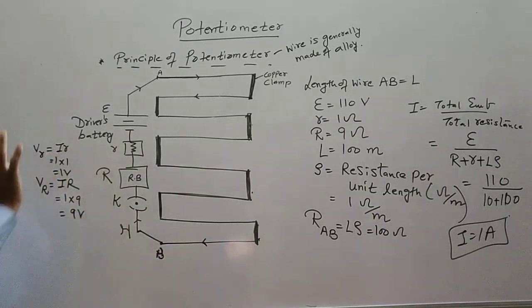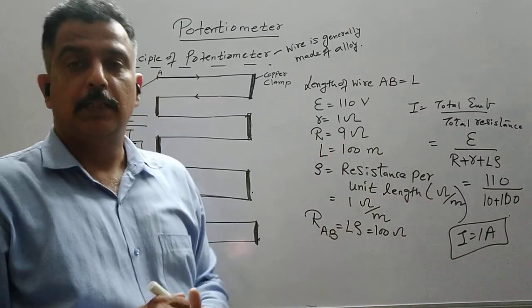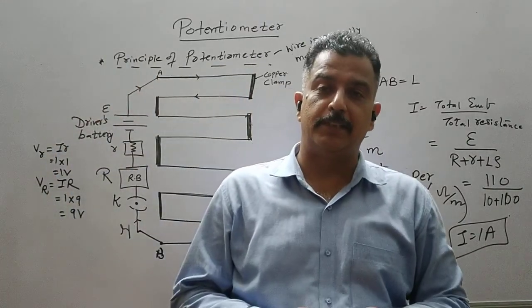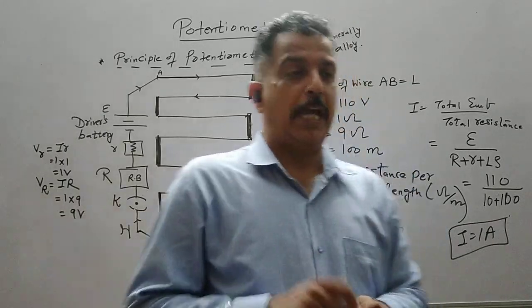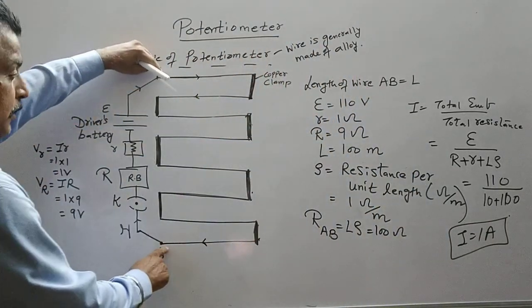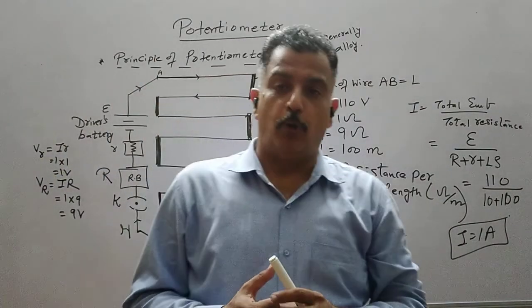So in total it is 10 volt. So out of this 110 volt, the terminal potential difference will be 100 volt. So across these two ends, I will get 100 volt.